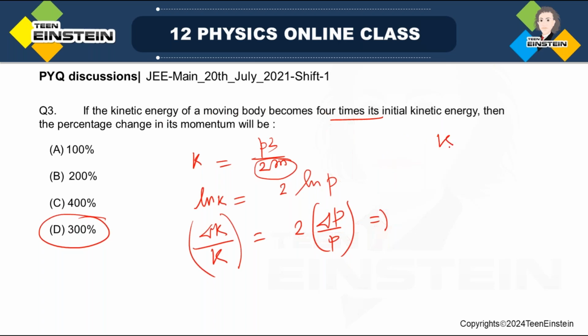If I say K2 is equal to 4K1, this is K1, and this is delta K. So delta K by K is the percentage change in the kinetic energy.